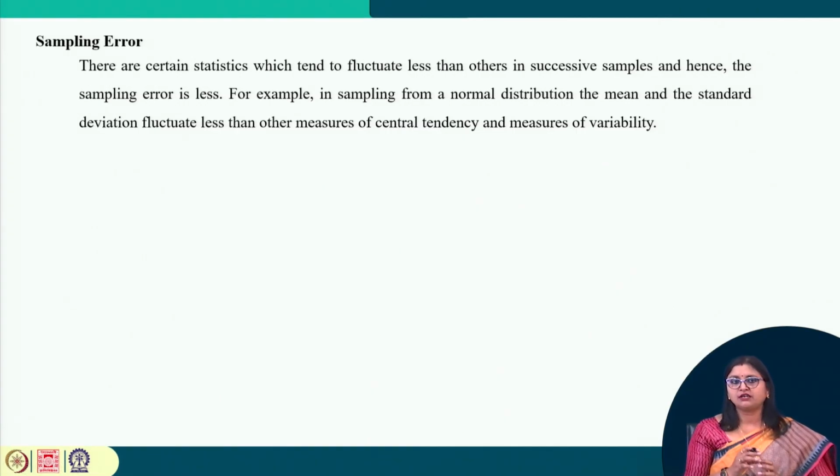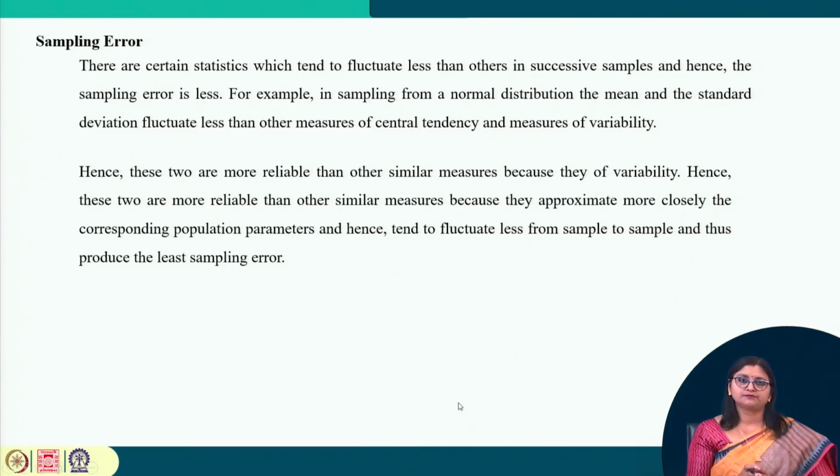There are certain statistics which tend to fluctuate less than others in successive samples, and hence the sampling error is less. For example, in sampling from a normal distribution, the mean and the standard deviation fluctuate less than other measures of central tendency and measures of variability.